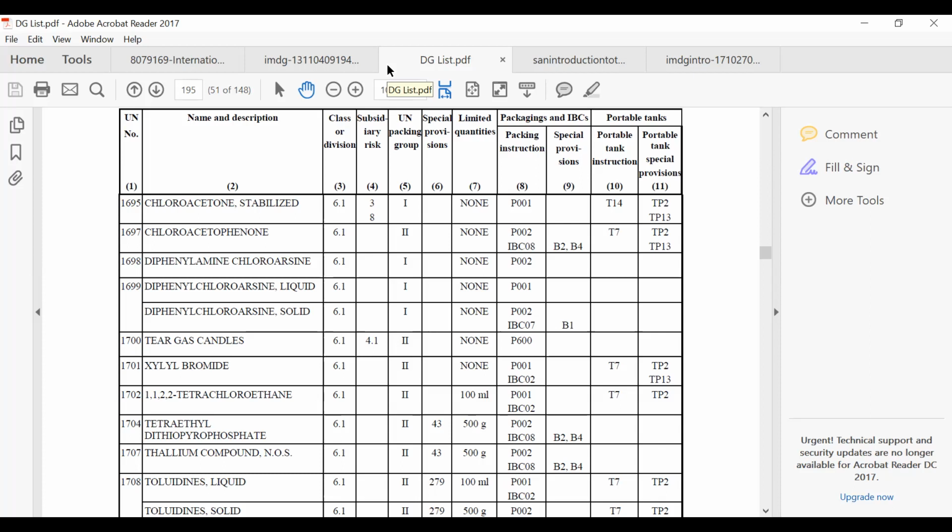The packing group gives us the level of the danger that this group presents, and the importance of making sure that this particular group is well packaged. But also the way the packing group works is to really try and minimize it to the barest minimum.